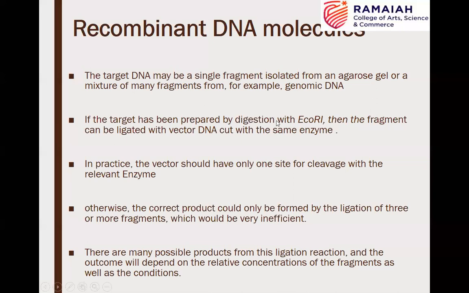So before you go for incorporation, you need to linearize it, and you have to produce the compatible ends to the vector molecule in order to insert your fragment of interest. So the target should have been prepared by digestion with EcoRI, and then the fragment can be ligated with the vector DNA that is cut with the same enzyme.